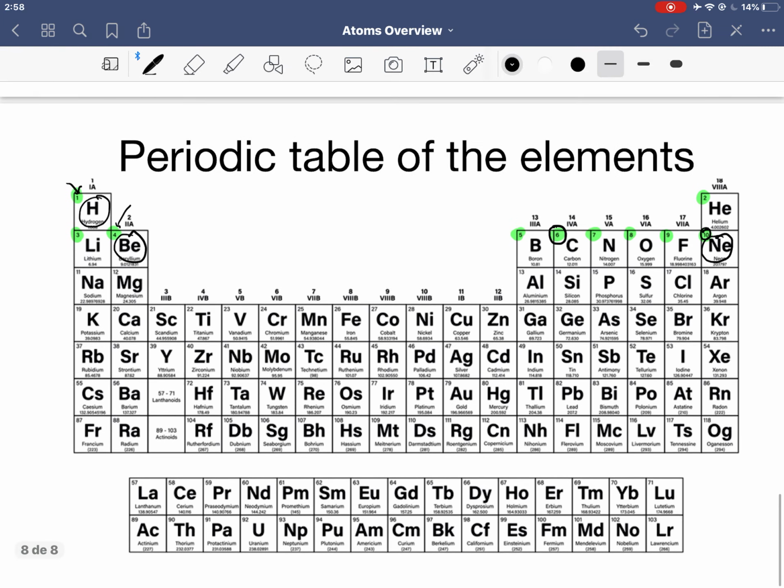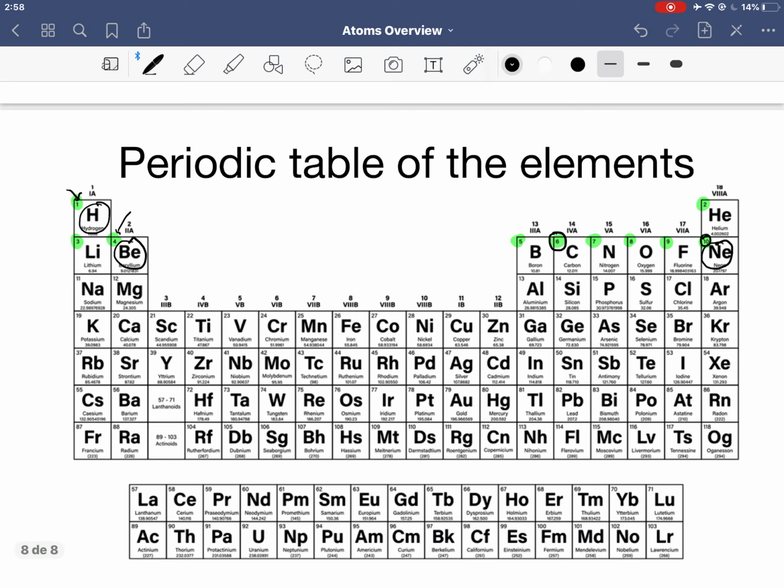So, important for you to know right now are that there are 3 parts of an atom: protons, neutrons, and electrons, and that the protons match up explicitly with the number in the periodic table, with the atomic number. And that's always going to be the case. And the atomic number is always equal to the number of protons.